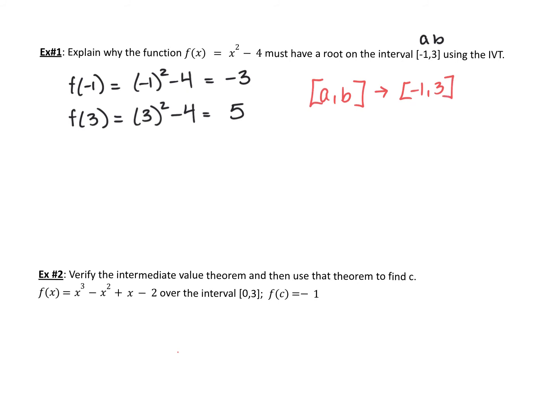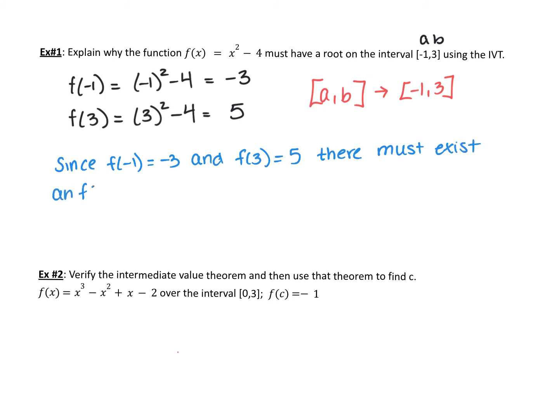So you could say, since f of -1 is -3 and f of 3 is 5, there must exist an f of c value that is in between y equals -3 and y equals 5.